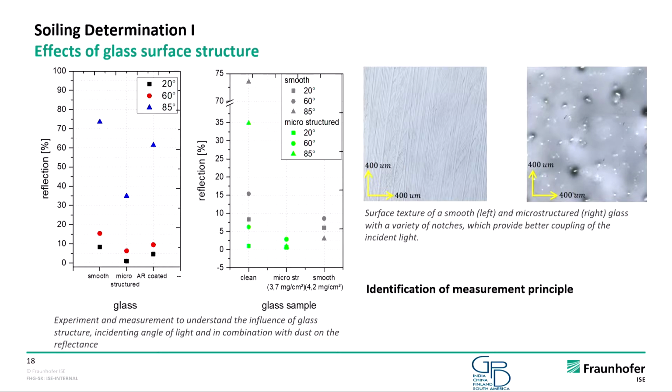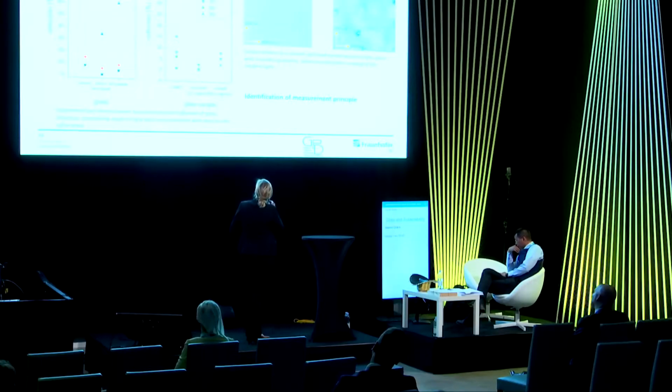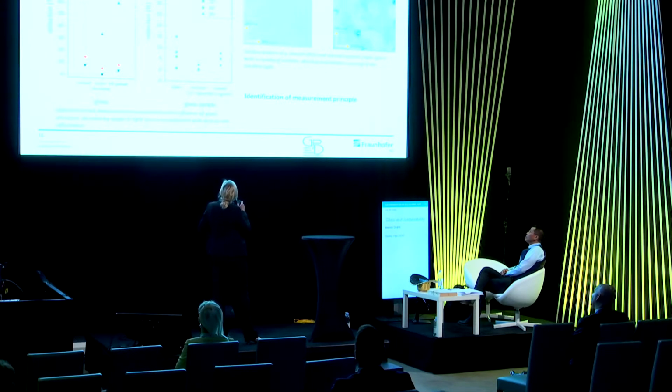And you see between the microstructured, which is the green, and the smooth glass, which is the gray, at the 85, nice sensitivity for the reflectance of the soiling determination. This is important to know in order to do some measurements.